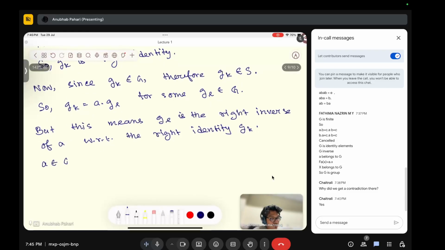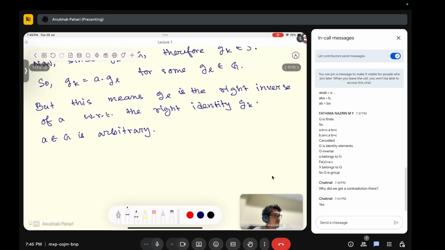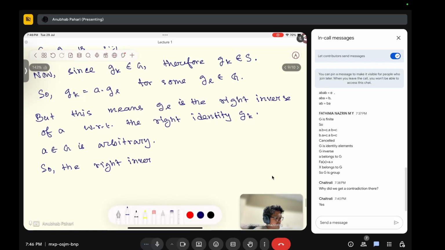A belongs to G is arbitrary. So the right inverse exists for each element.